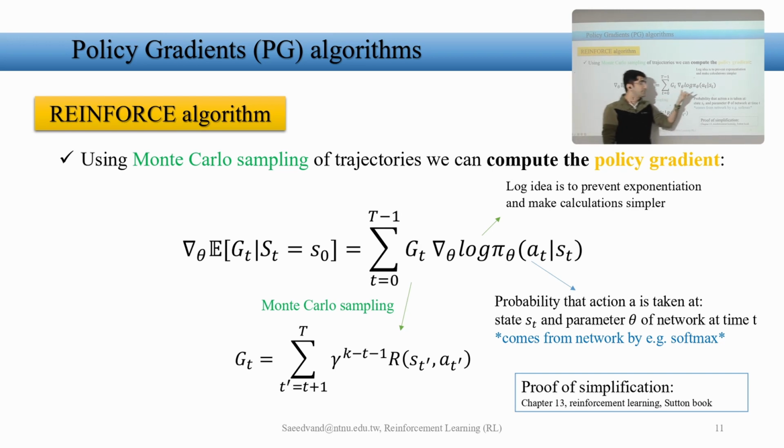Actually this policy pi, I mentioned to you, is a probability distribution. So our neural network output should be something, right? That something shows the probability distribution, which, for example, can be softmax. So the policy with parameter theta, action given state, gives us the probability of that action occurring in one particular state.